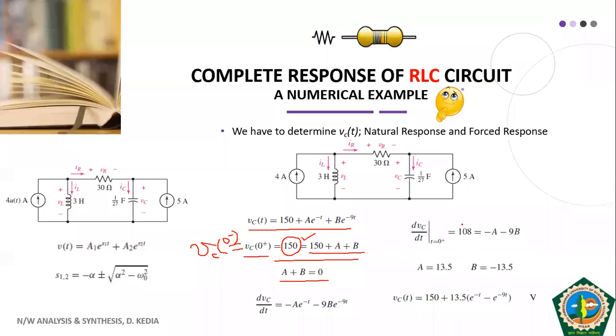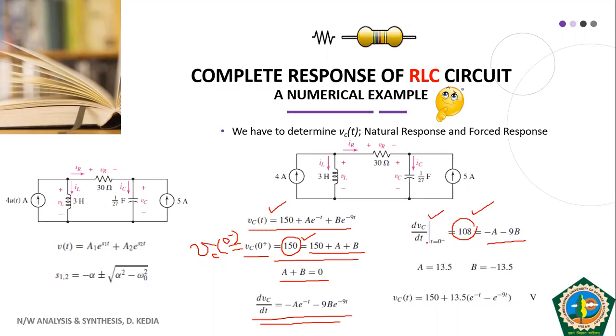Now, in order to apply this second condition, we need to differentiate our complete response equation. If we differentiate, this is what we get. Now, if you put t equal to 0, we will have minus A minus 9B, and we need to determine that the value of dVc by dt at t equal to 0 plus is 108. In the same way, you have to calculate the value 108 for dVc by dt.